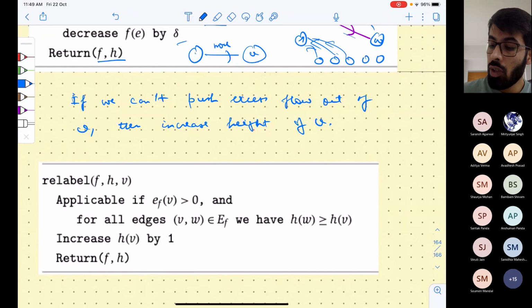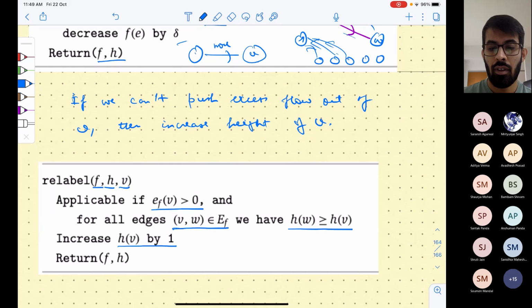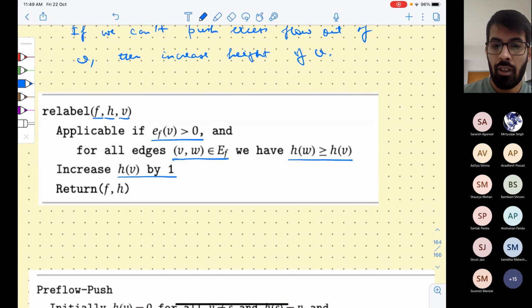So what does relabel do? Relabel does the following for V, and it is applicable if the excess is greater than 0 and for all edges in the residual graph, the height of V is either the same or above the height of W. And then we increase the height of V by 1. Okay, so this is the relabel operation.